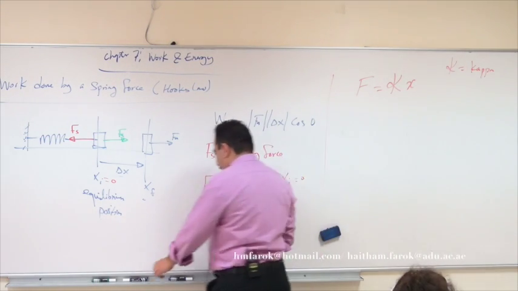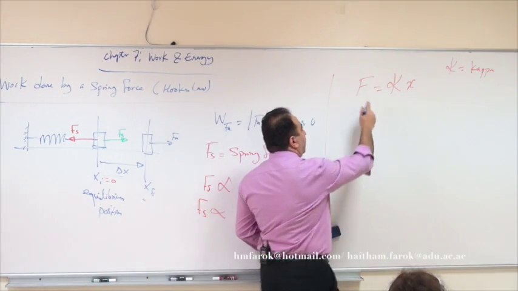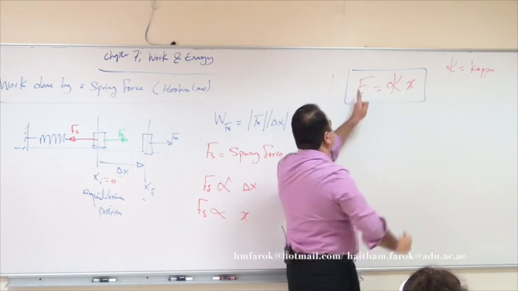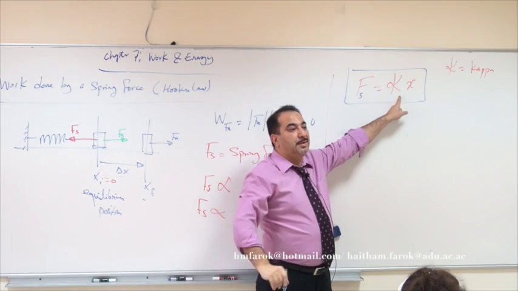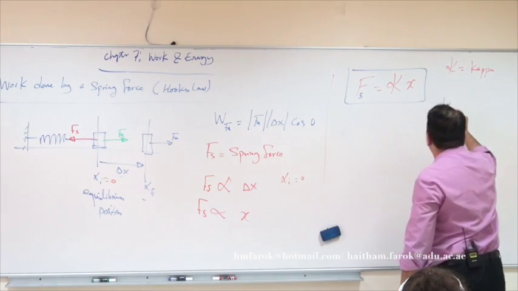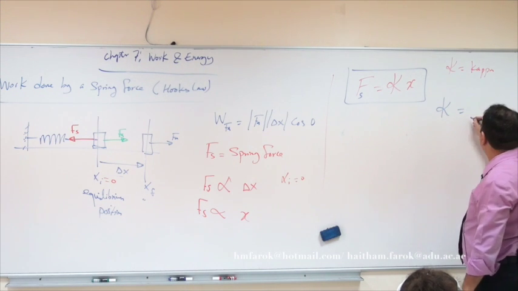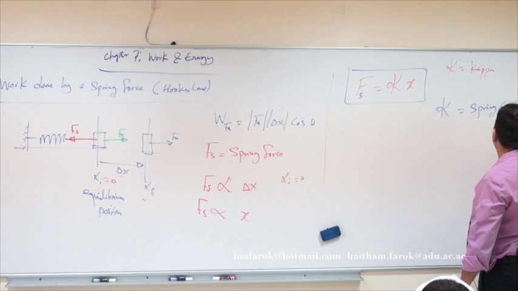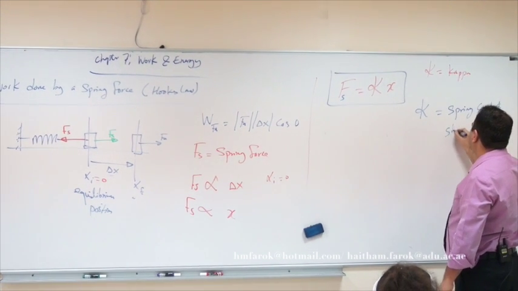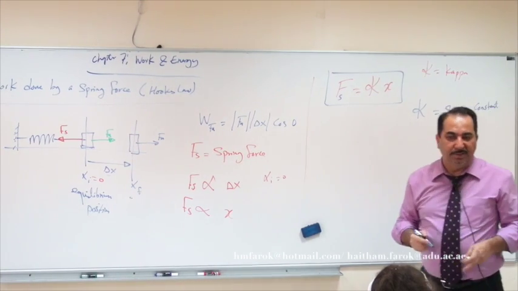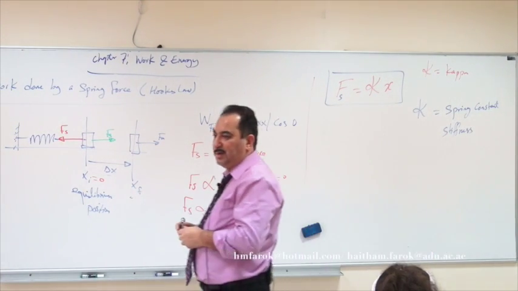This is Hooke's law: Fs, force of spring, equals kappa, constant, times x. Kappa, we call it the spring constant, or the stiffness. How stiff is the spring? Stiffness constant, or spring constant, kappa.